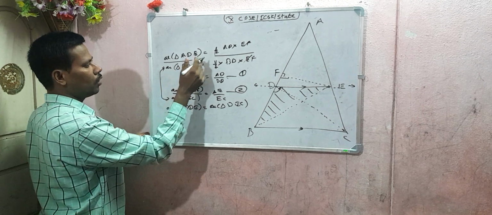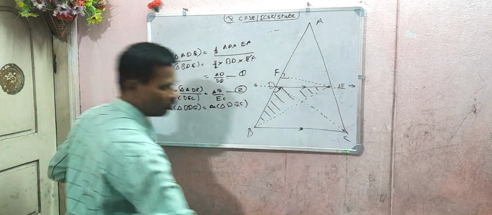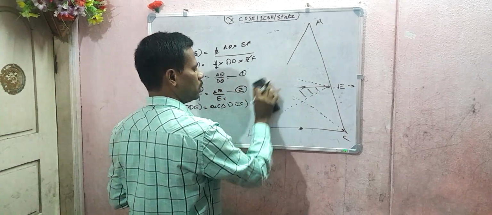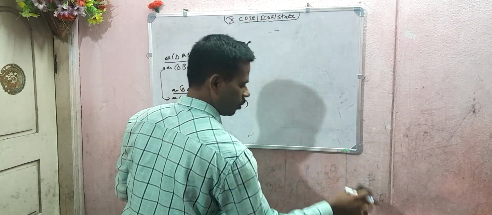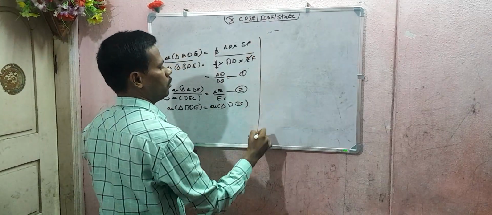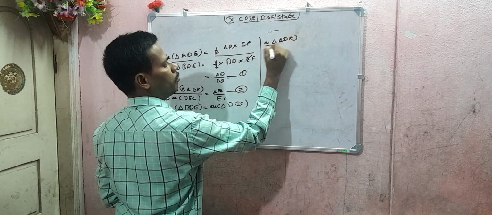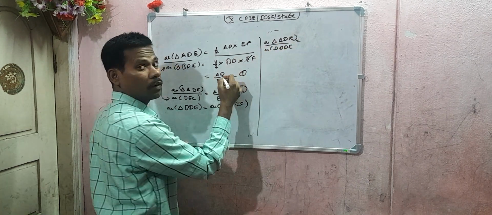In what you have written for this triangle, let me write once again. I am erasing the figure now, it doesn't require now. Area of triangle ADE by area of triangle BDE is equal to, what is the answer you got?